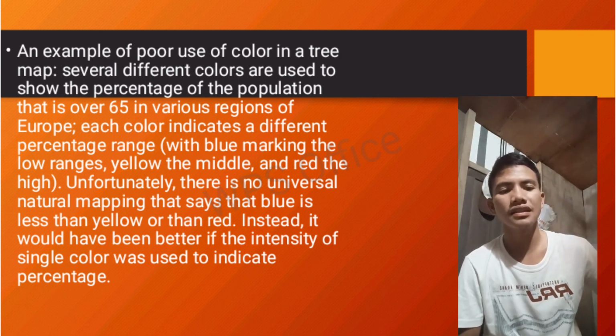Unfortunately, there is no universal natural mapping that says that blue is less than yellow or red. Instead, it would have been better if the intensity of a single color was used to indicate percentage.